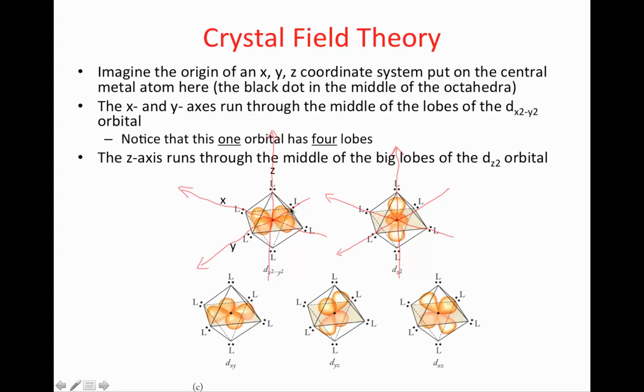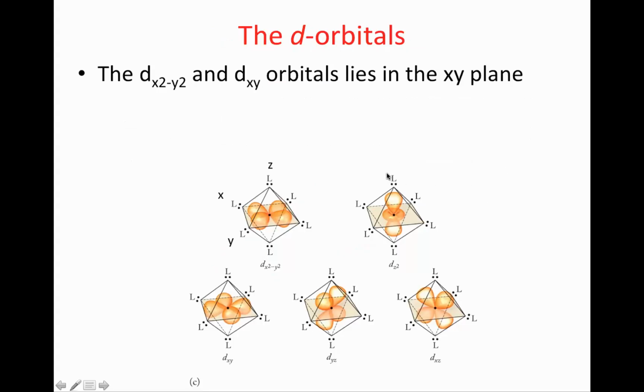So we've got these 2 orbitals where the main lobes lie along the axes. Again, for the dx squared y squared orbital, these two lobes are running right along the x-axis, and these two lobes are running right along the y-axis, whereas right here, the two lobes are running along the z-axis.